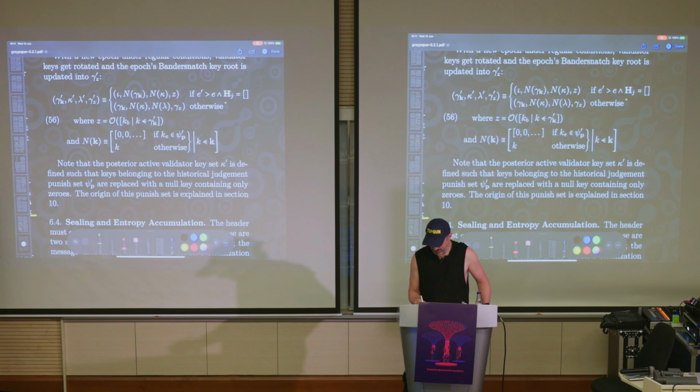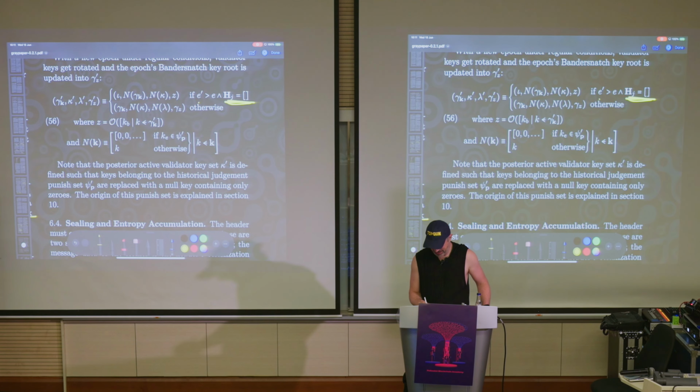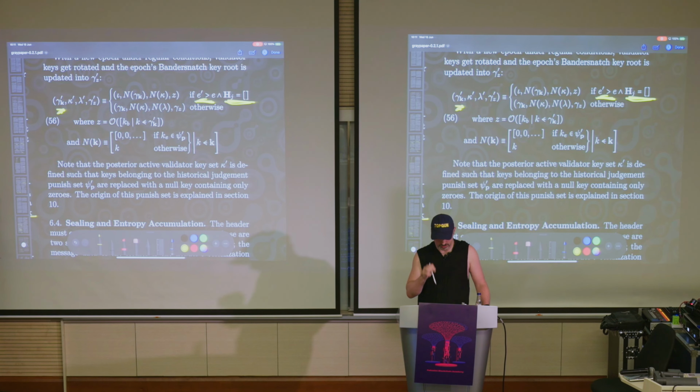When we don't have any judgments and it is a new epoch, then we basically move these keys forward. And so gamma prime k, our pending keys, takes its new value from the staging set. Our current keys, kappa prime, takes its value from gamma k, our old pending keys.